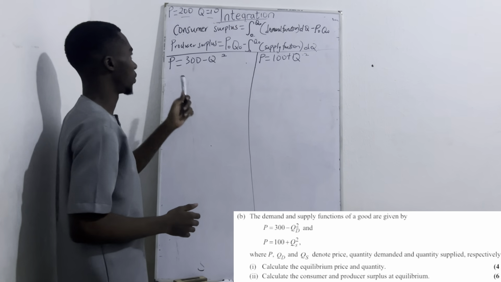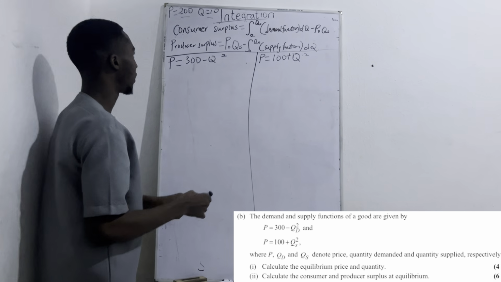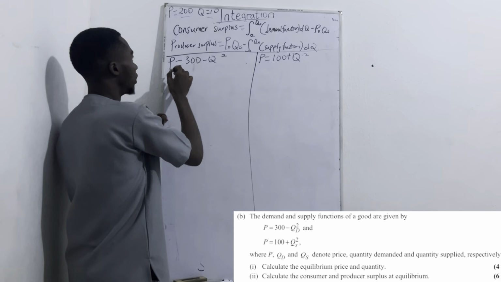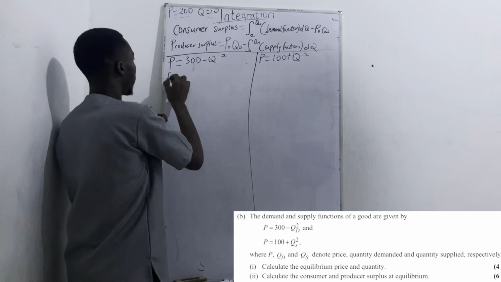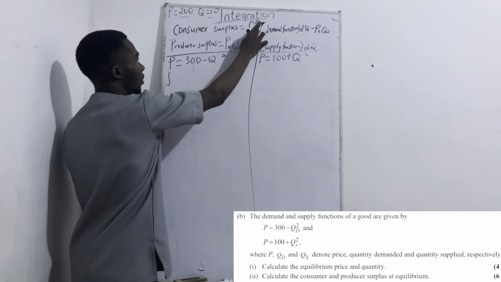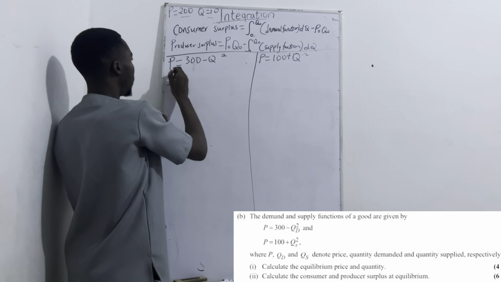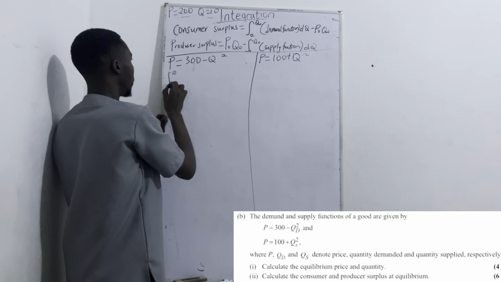So now let's start with the consumer surplus. You are going to do that here since there is a demand function. The formula says the integral from 0 to Q naught, where Q naught is the equilibrium quantity, or Q. You can just make it Q, and we got that as 10. So here will be 10, right? Then here is 0.